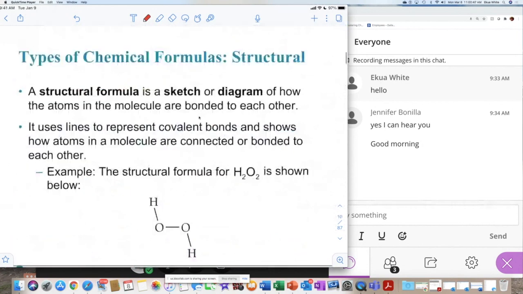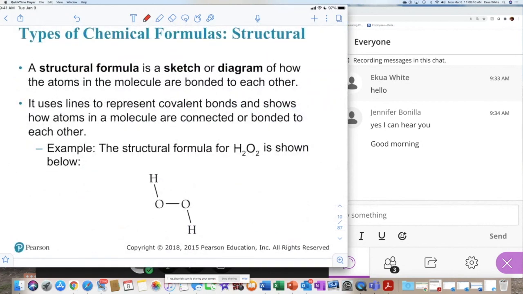Remember I told you the structural formula does show you how the elements are arranged. So this is the structural formula right here. Technically, the structural formula would be more like this, HOOH. I don't know how you pronounce that.